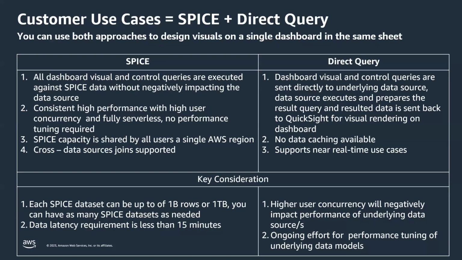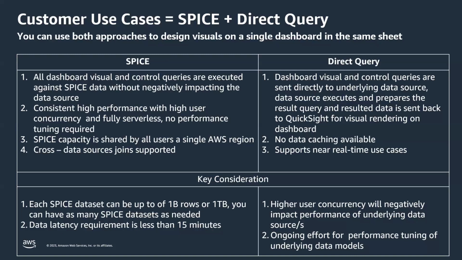And you can, in fact, use a combination of both Spice plus direct query to meet those use cases. You also can use multiple data sets in a single analysis on a single sheet to create visuals, right? So based on your use case and requirements, you can use both of them together and not necessarily one versus the other.